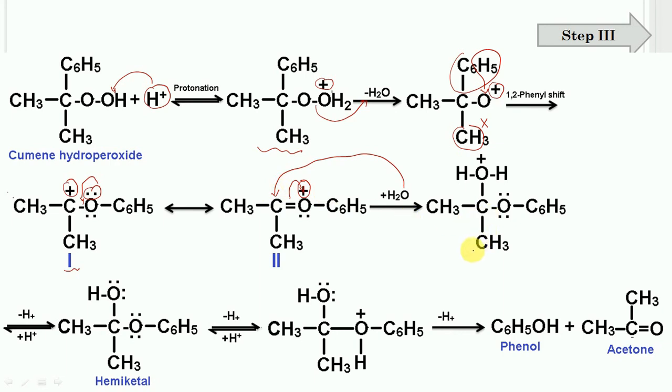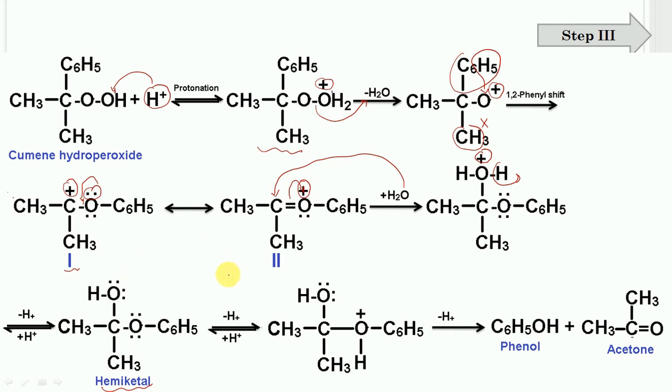So this intermediate will get formed, having a positive charge on this oxygen. In the next step, it can lose a proton and give a hemiketal. So this intermediate compound will get formed.